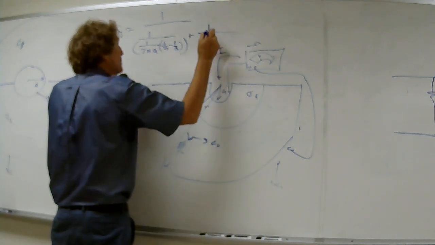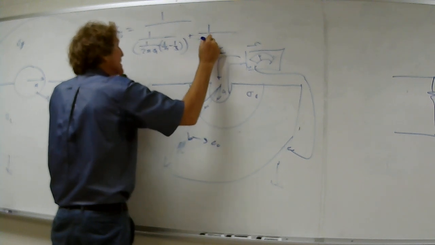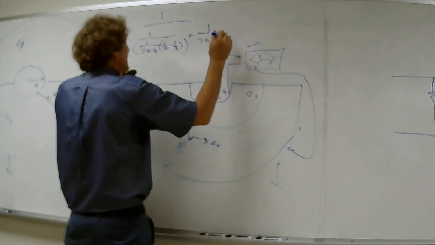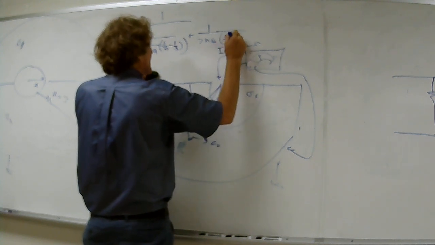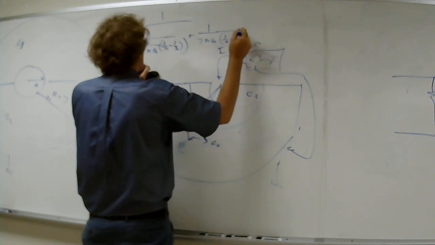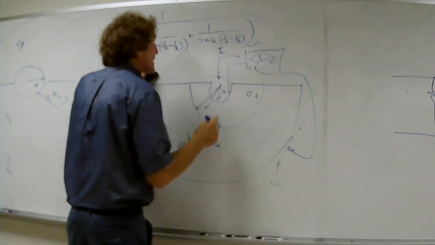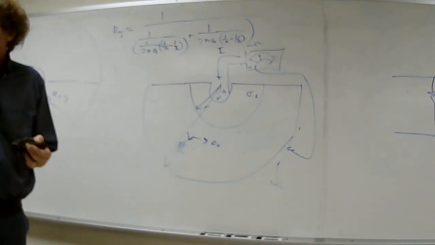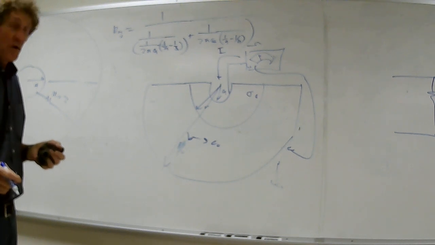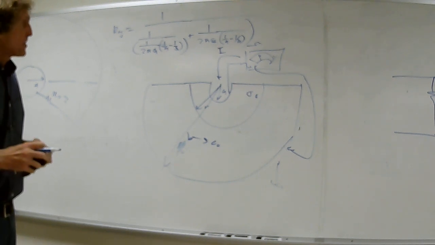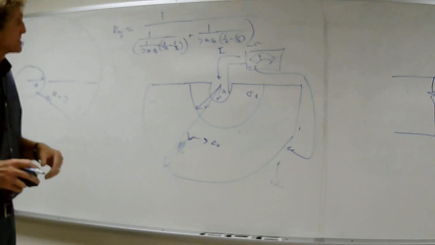Plus 1 over 2 pi sigma 2, and it's times 1 over A minus 1 over B. Can you all follow me? Y'all agree with that? Now, you can go ahead and manipulate that, but you're going to see a couple things happen.